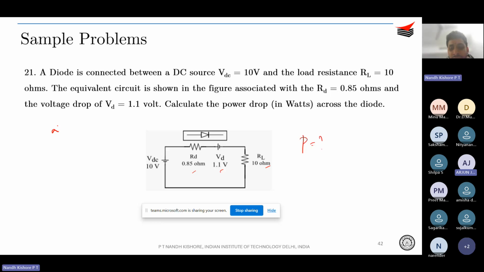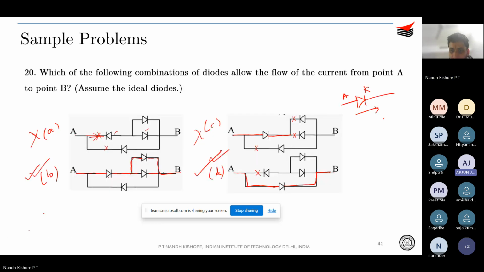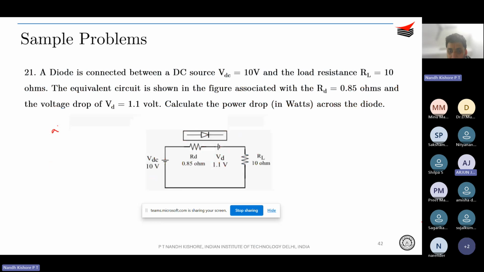What is P? P is basically IRMS square into RD plus I average into VD.